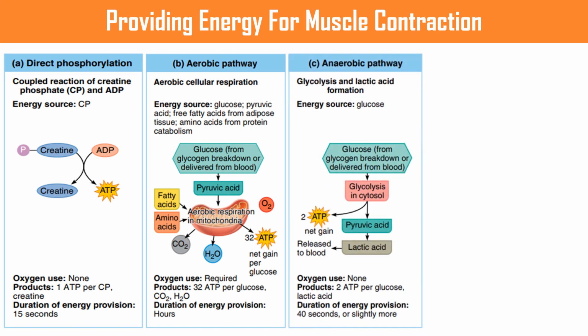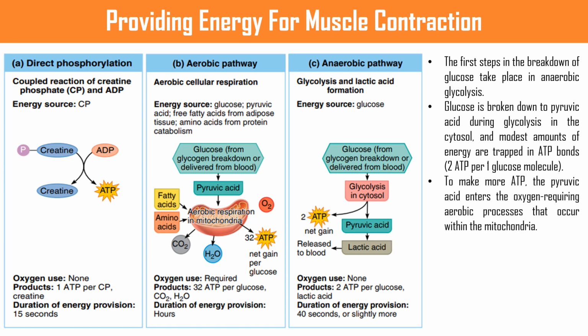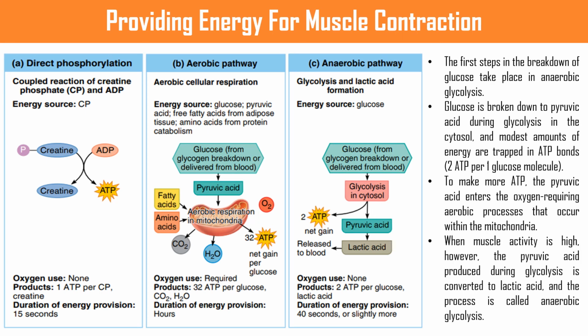The last is anaerobic pathway. The first step in the breakdown of glucose in anaerobic is glycolysis. Glucose is broken down to pyruvic acid during glycolysis in the cytosol and a modest amount of energy is trapped in ATP bonds, 2 ATP per 1 glucose molecule. To make more ATP, the pyruvic acid enters the oxygen requiring aerobic processes that occur within the mitochondria.